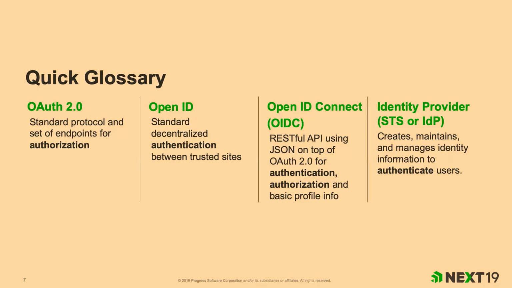This is the protocol that is pretty much standard now across all the major business providers, in the cloud or on-premise, and it's kind of merged those two. It's built on top of OAuth, but it adds additional endpoints for authentication, and also adds, like icing on a cake, some nice properties for the user. For example, you get their first name, last name, and email for free.